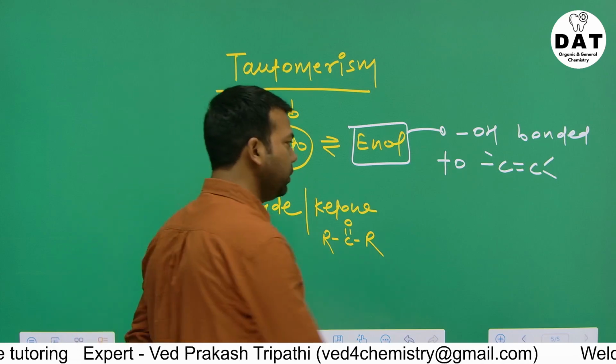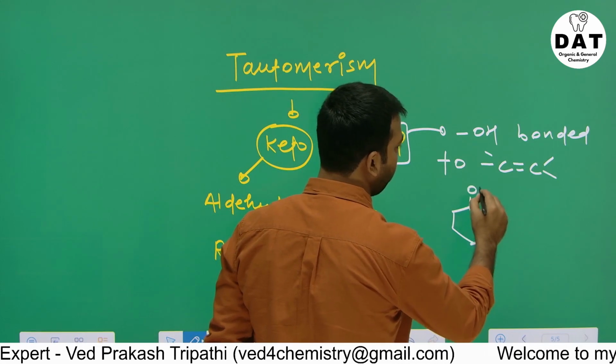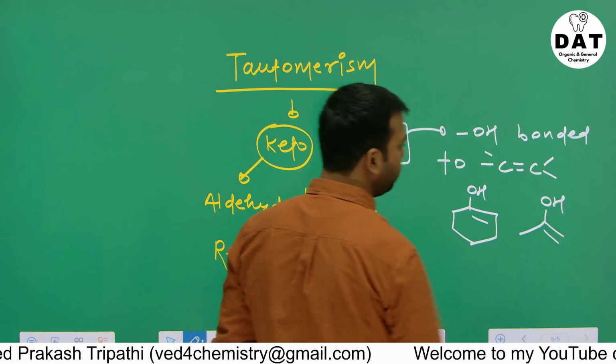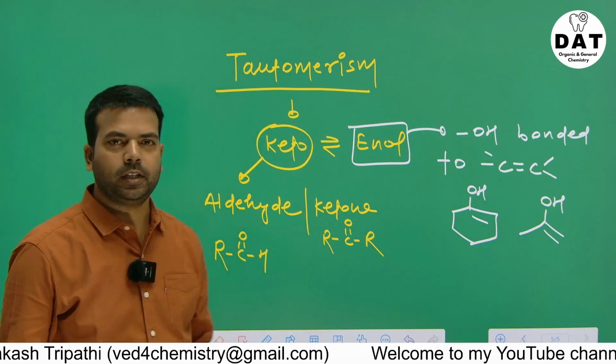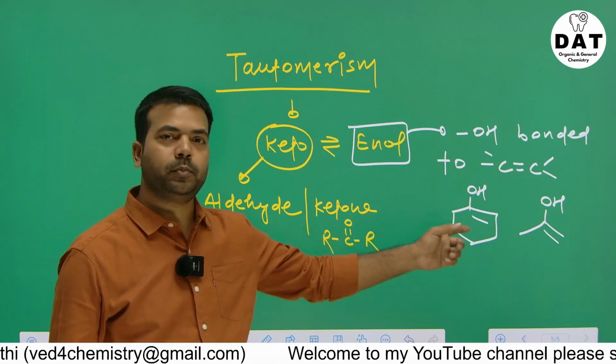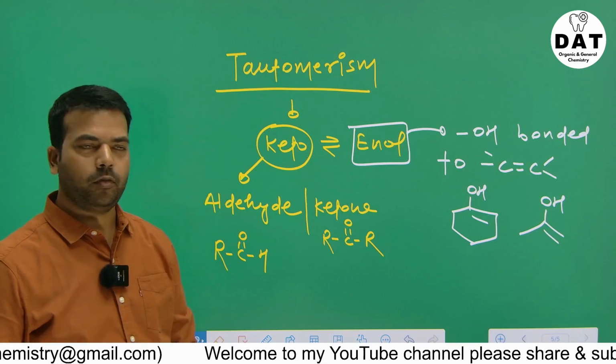For example, like this one or this one. Clear? There are so many examples. Whenever OH is bonded to an sp2 hybridized carbon, which means double bond, then we can say that is enol form.